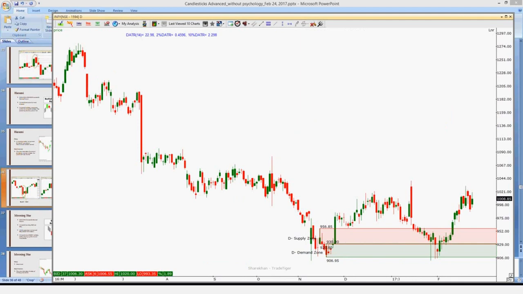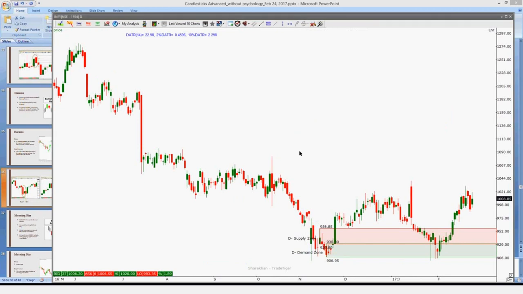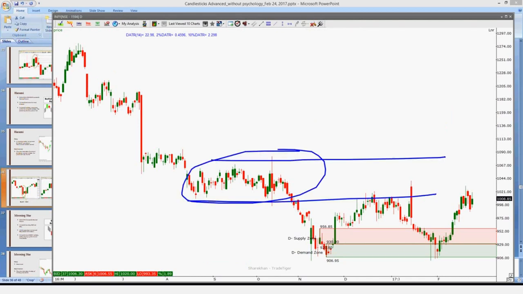Okay, Hemanji, now you'll understand what should have been your approach and what should have been your target. Now can you see that this is a distribution? Can I simply ignore it? Can I keep a target beyond it? No, right? I should not be doing so.